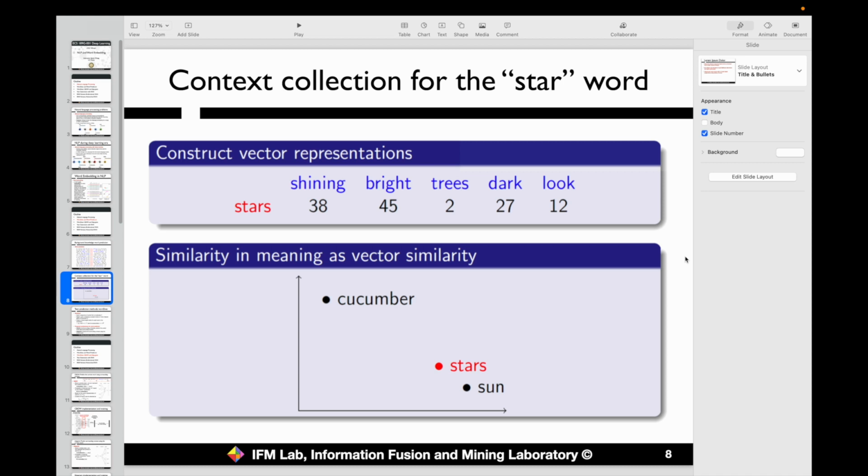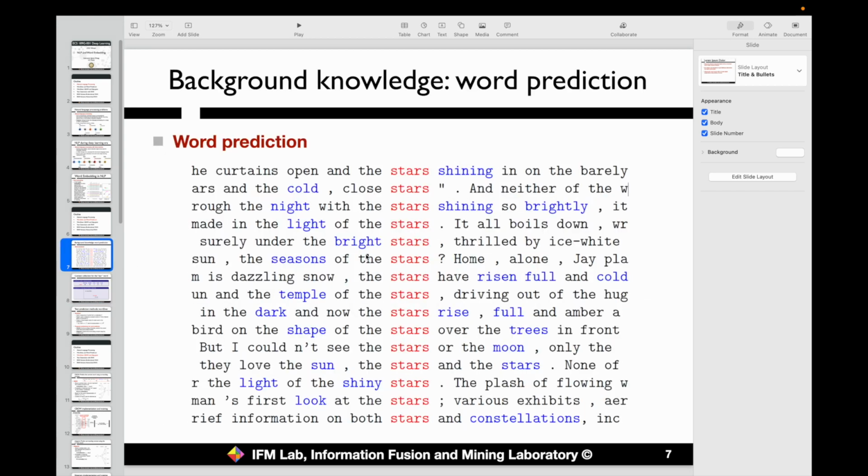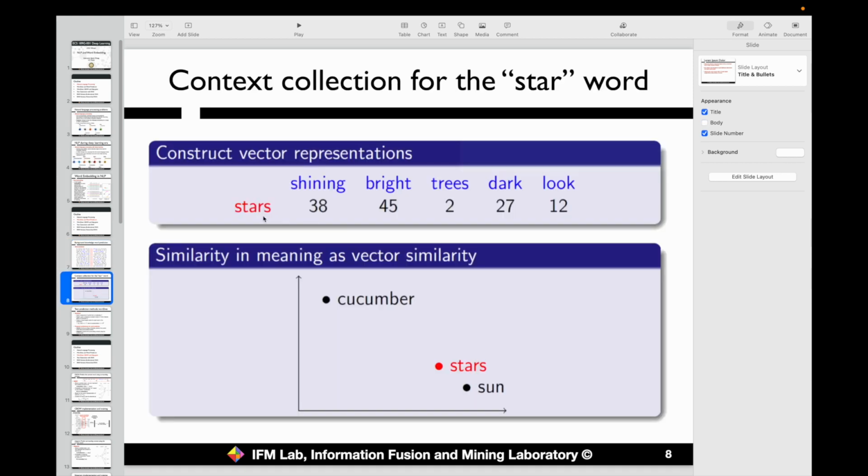So for example, if we plan to learn the representation of the words, one of the many ways to define the representation of the word is probably by extracting some frequent words which are nearby or which appear very frequently in the surrounding context of the target words. For example, according to the previous page for the word stars, by extracting some frequent words appearing very often in the surrounding context, we can define this representation of the word stars manually by defining it as a vector, something like this.